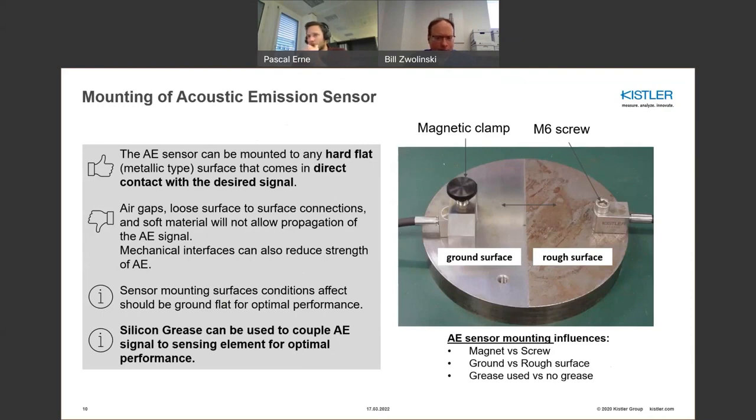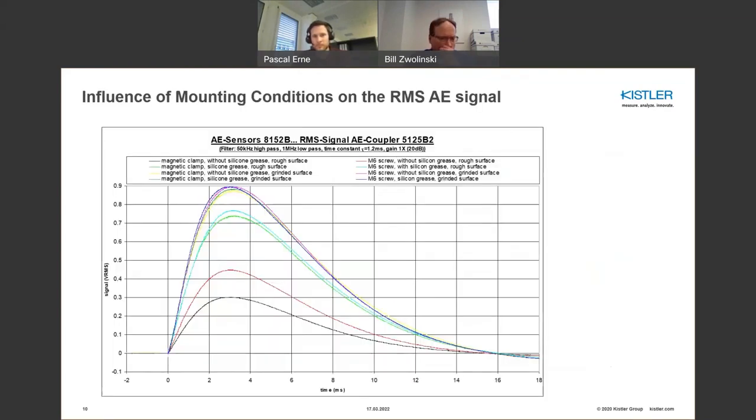Grease is often used as a coupling agent to improve the mechanical coupling of a sensor to the surface. These are just some qualitative pictures of what you see. The bottom two curves are a magnetic clamp without silicone grease on a rough surface, with the red being a screw and the black a clamp.